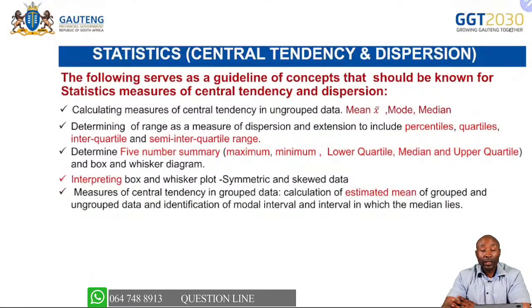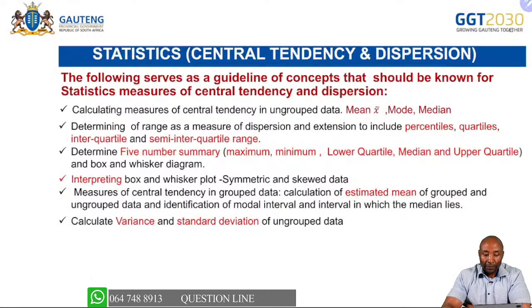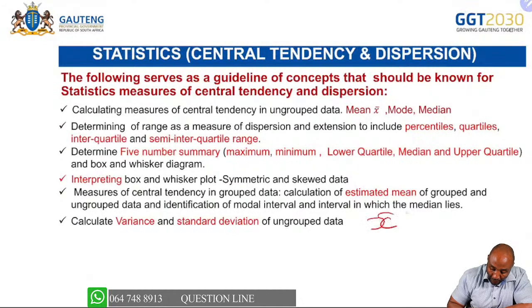Now, we also look at estimated mean. That is for our grouped data. I've talked about this. And then we also look at the variance and standard deviation, and we should be able to use our x bar minus the standard deviation to get the interval within one standard deviation.